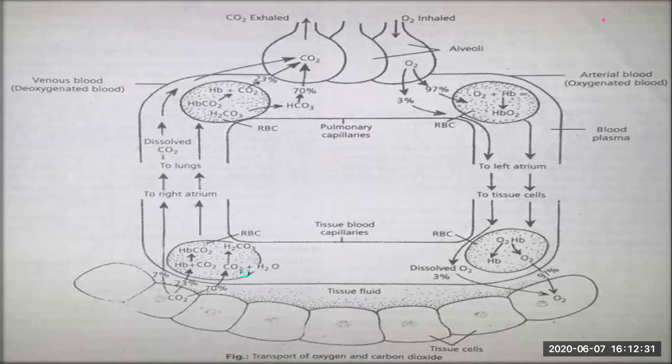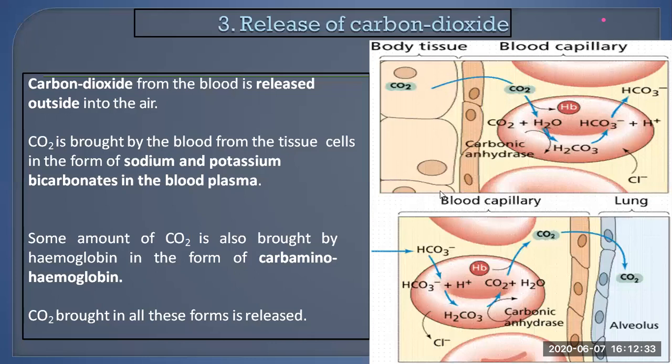So CO2 is brought by the blood from the tissue cells in the form of sodium and potassium bicarbonate in the blood plasma.